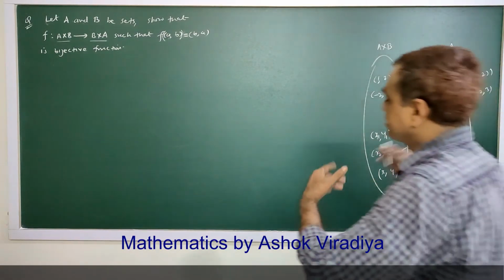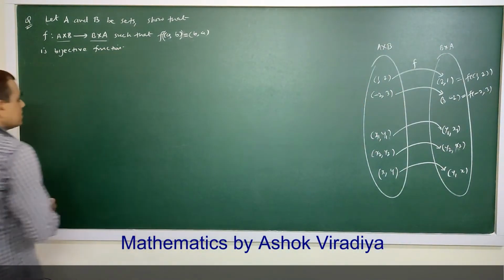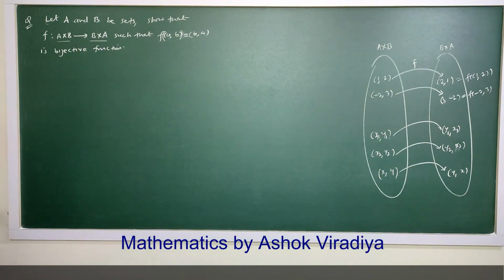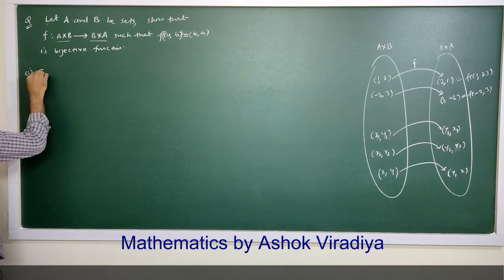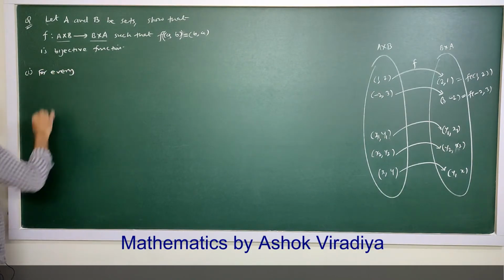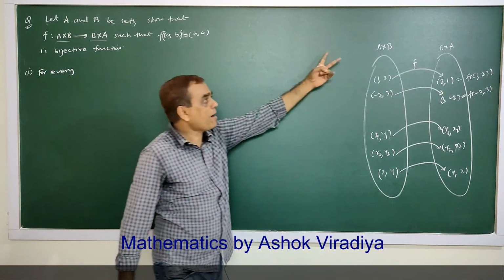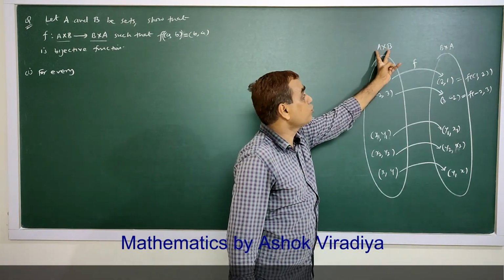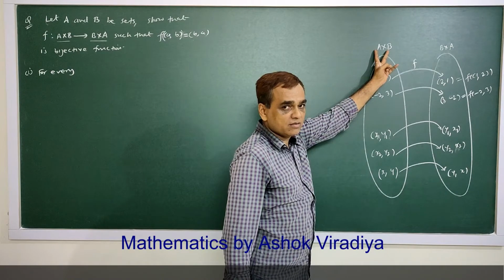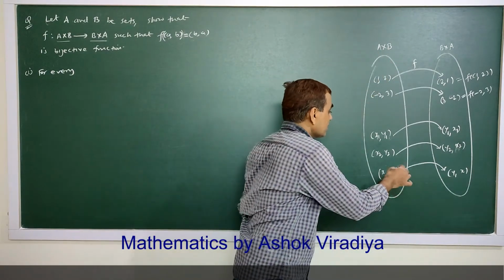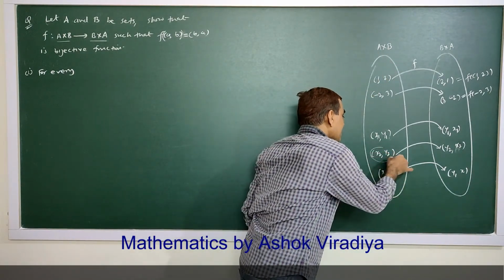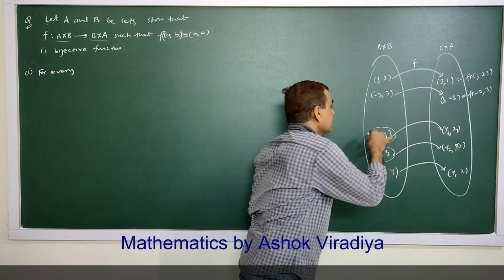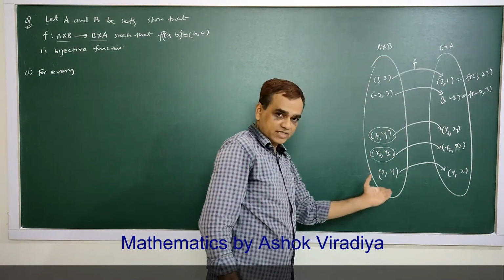Let me put it in words. For one-oneness, first part: the domain here is a Cartesian product, so the elements are ordered pairs.